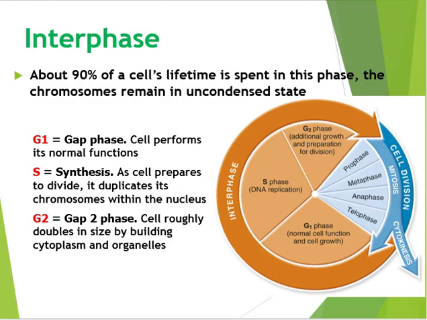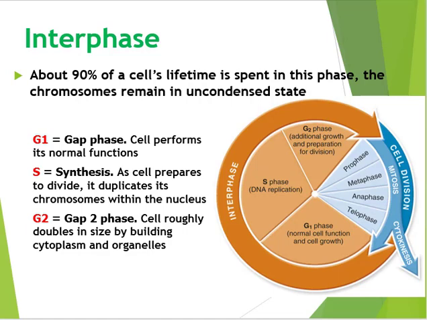This is the butterscotch brown colored part of this wheel, and you can think of this as a clock going around. Interphase is when the cell performs its normal functions and duplicates its DNA for protein synthesis, and it spends about 90% of its time in this phase. The chromosomes remain in the loose, uncondensed state, and you would see the round nucleus, which is typical.